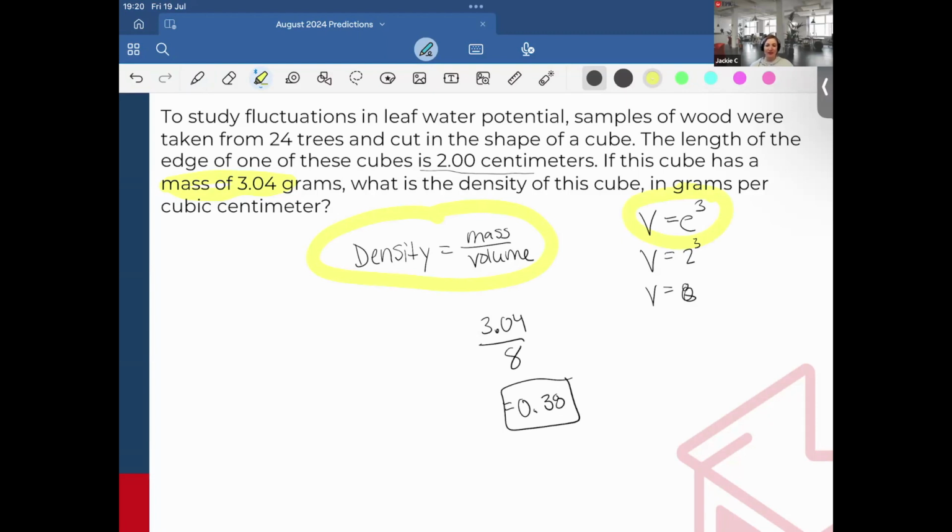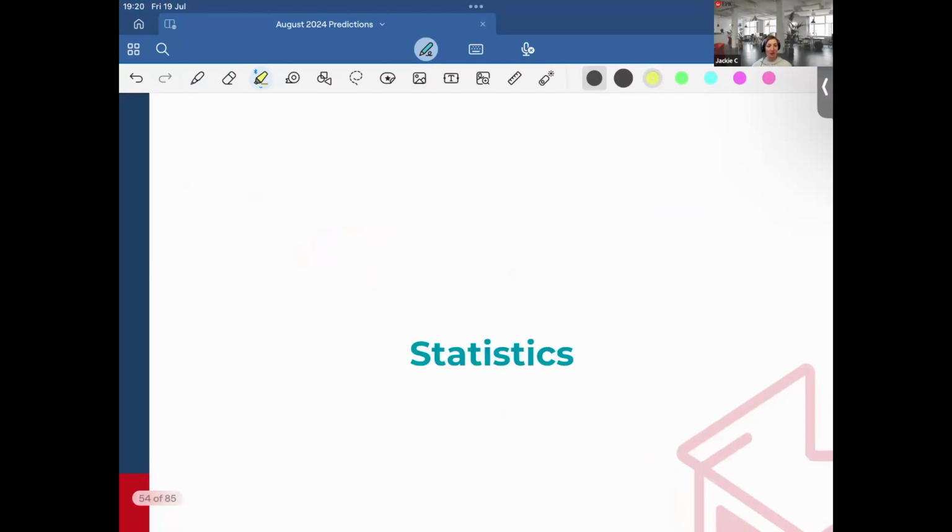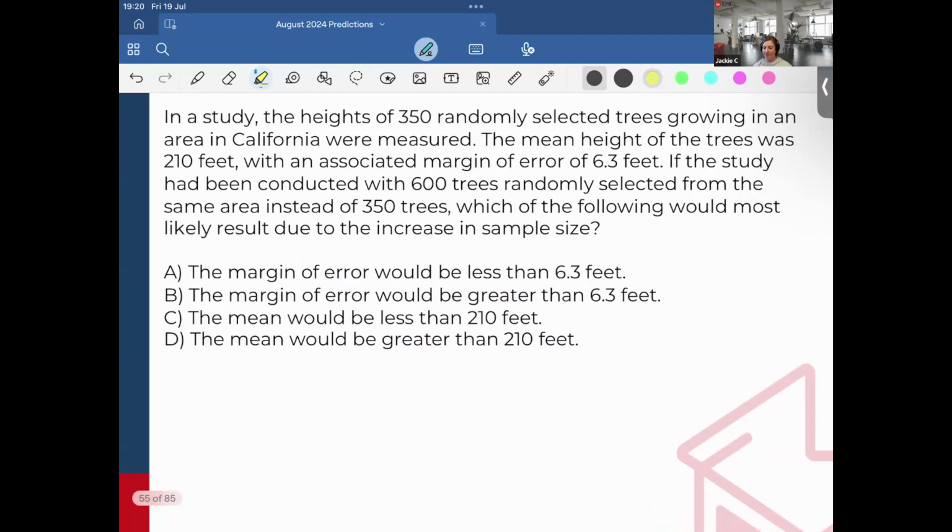Okay. And then just another honorable mention that I think could also come up is statistics. In particular, you should know mean, median, mode, range, box plots, but also sometimes margin of error comes up. Let's discuss what the margin of error would be in this sample question.